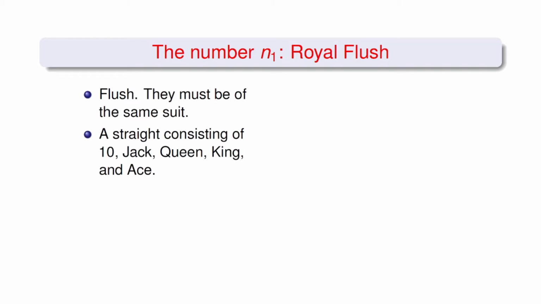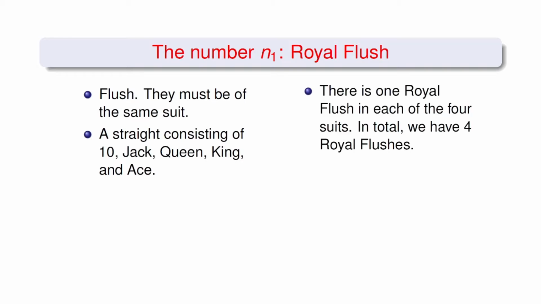So there is only one royal flush in each of the 4 suits. Therefore, in total, we only have 4 possible royal flushes. So N1 is simply 4. That's the number of possible royal flushes we can get.